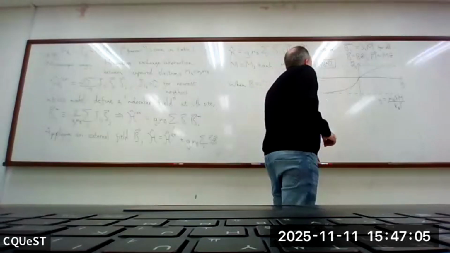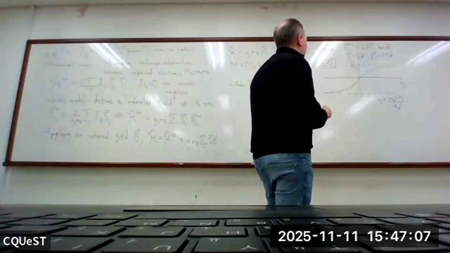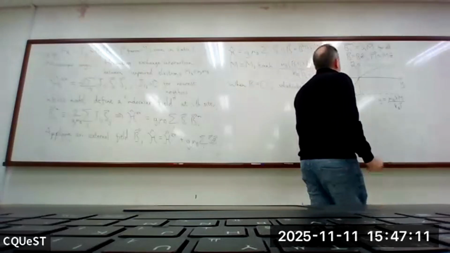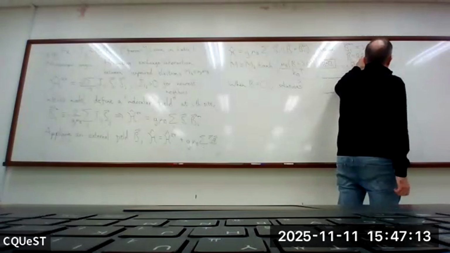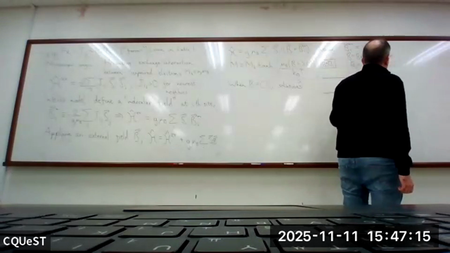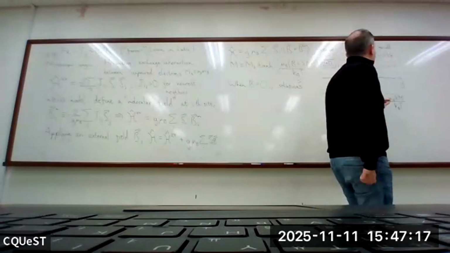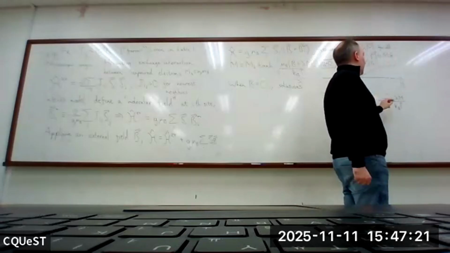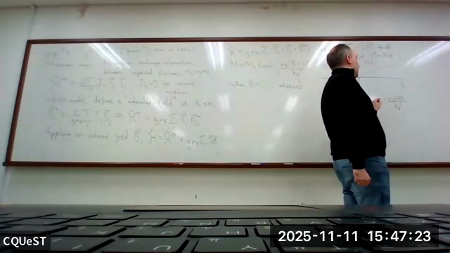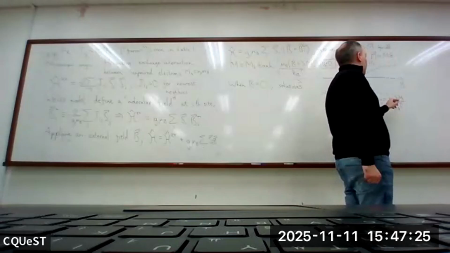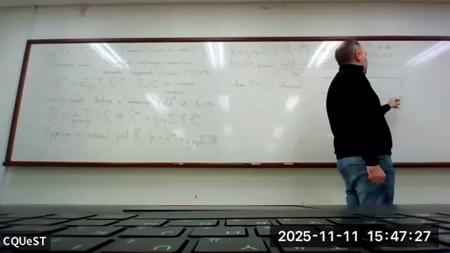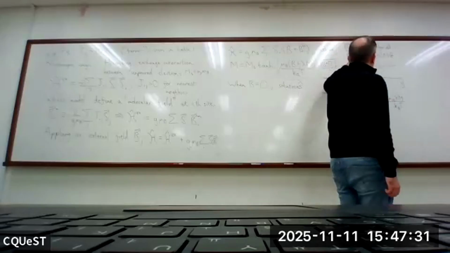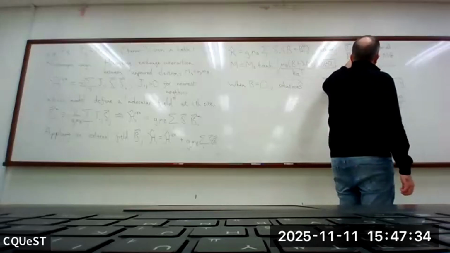So we can consider different cases. First of all, if T is greater than Tc, so T is large, then this can be thought of as m as a function of y. This will be very steep for a large T. So we would have something like this.